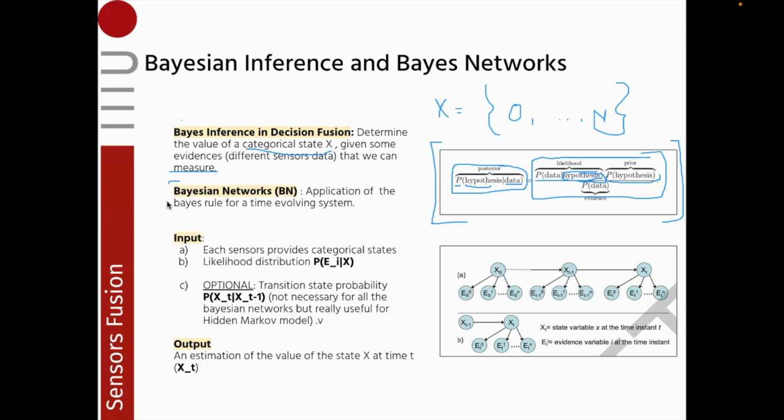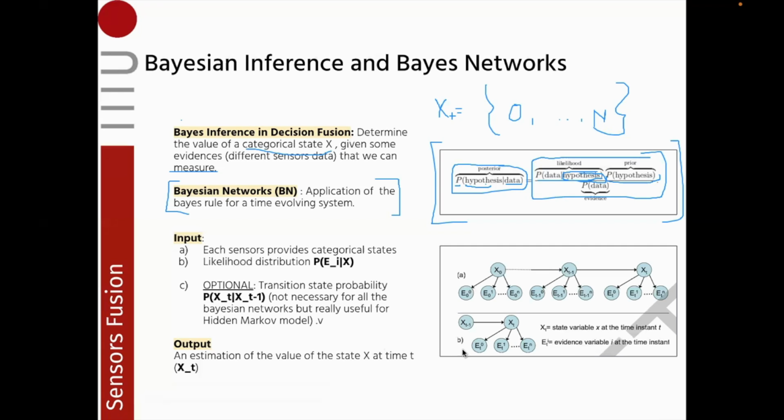What are the Bayesian networks at this point? Simply, as we said, Bayesian networks are an application of the Bayes rule for a time evolving system. So instead of having a single x, here we have x of t. And so we have a state that varies in time.